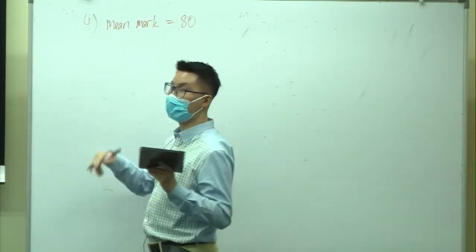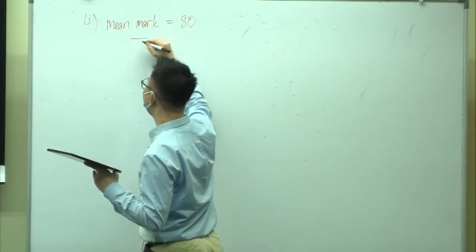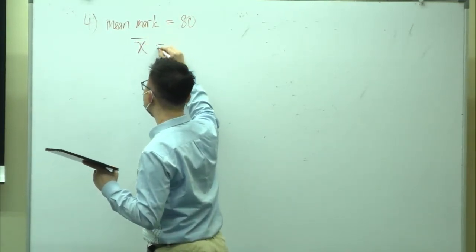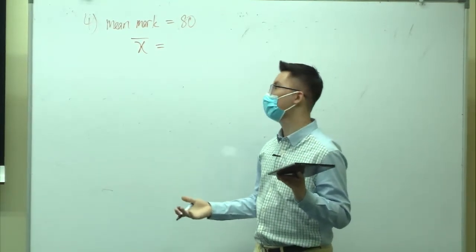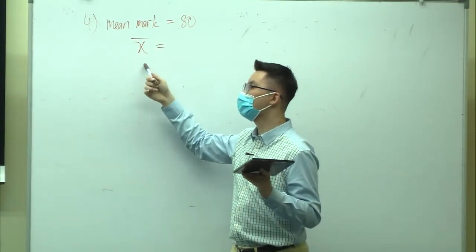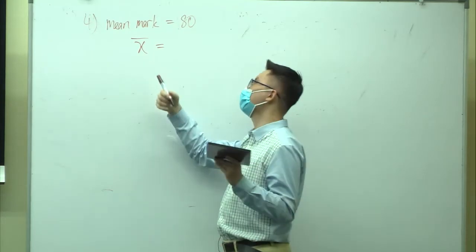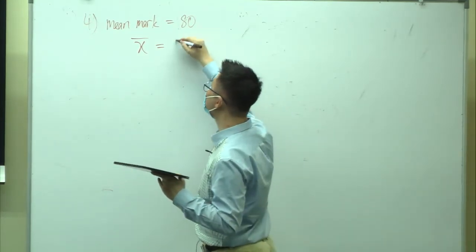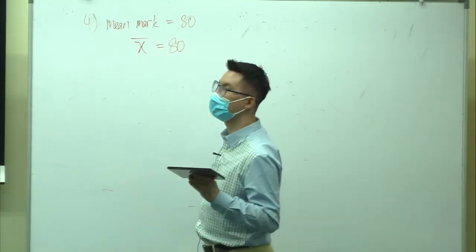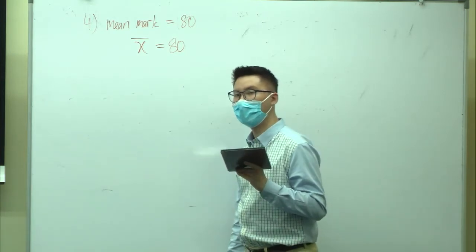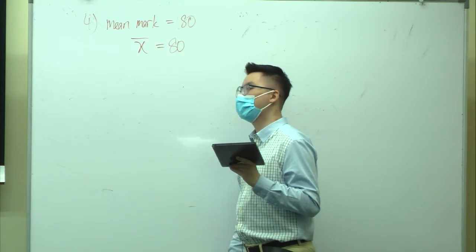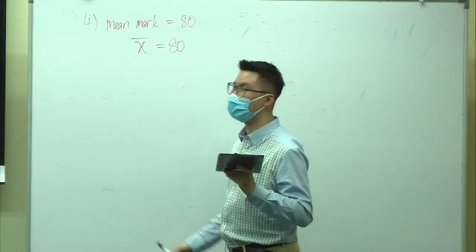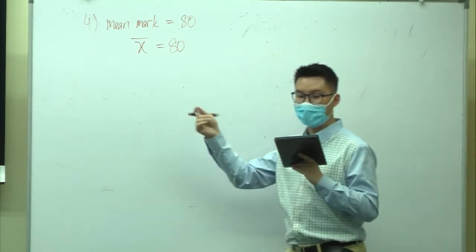Let's say our data is x, then we use x bar. X bar just means the mean, the average. So it will be 80. This is how you write the mean. This x can be anything, depending on the data. If you express your data in terms of x, then you write mean as x bar.